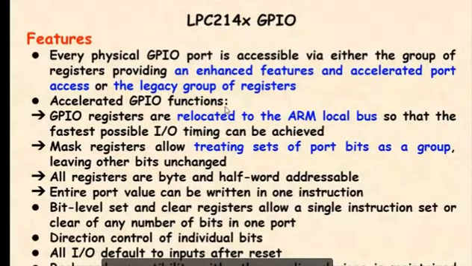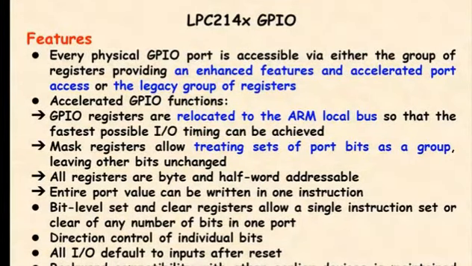So LPC2148 GPIO, these are the features of GPIO. Every physical GPIO port is accessible via a group of registers, with enhanced features and accelerated port access. Accelerated GPIO functions means GPIO registers are relocated to the ARM local bus so that the fastest possible timing can be achieved.